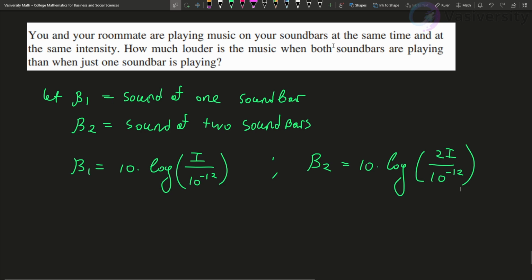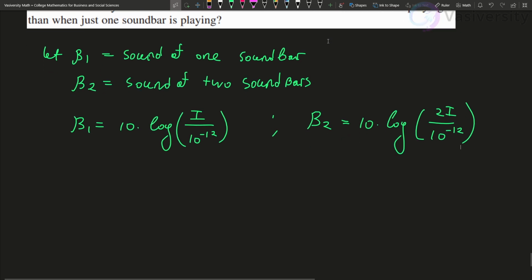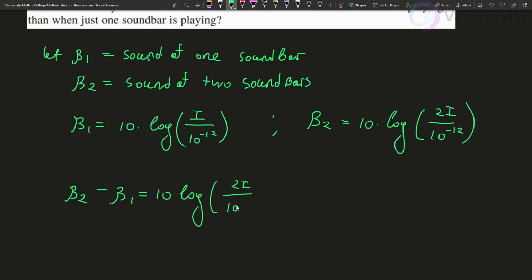So now let's simplify. We would try to find how much louder it would be. So beta 2 minus beta 1 is equal to 10 log base 10 of 2I over 10 to the negative 12, minus 10 log of I over 10 to the negative 12.